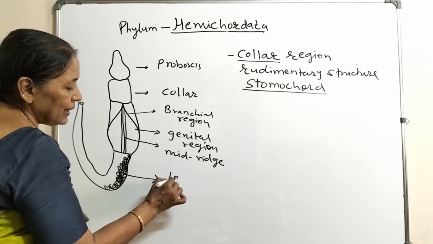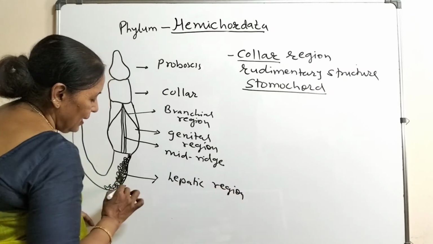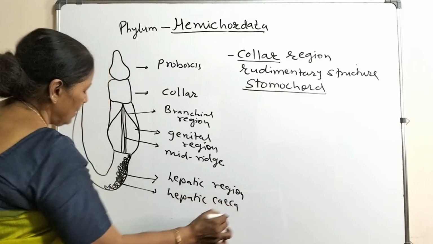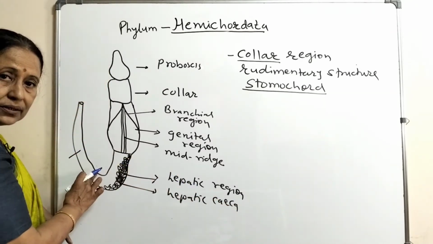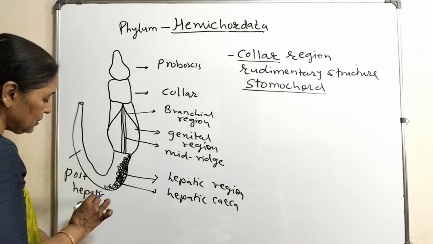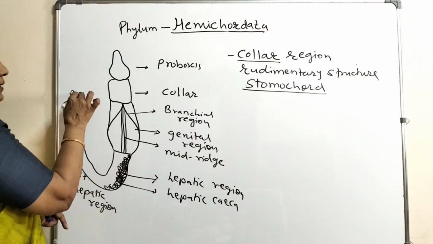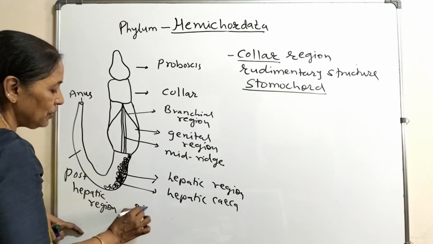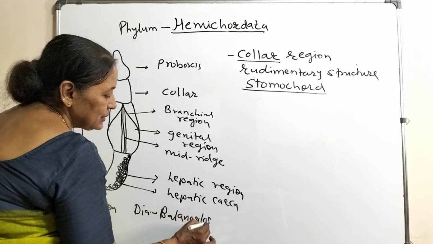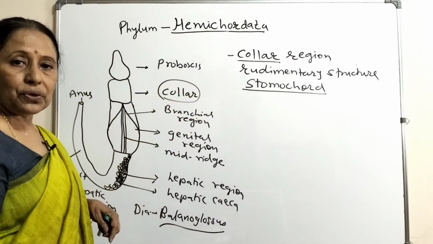After the hepatic region is the post-hepatic region, and the body opens to the outside by the terminal anus. This is the diagram of Balanoglossus. In the collar region, the stomochord is present.